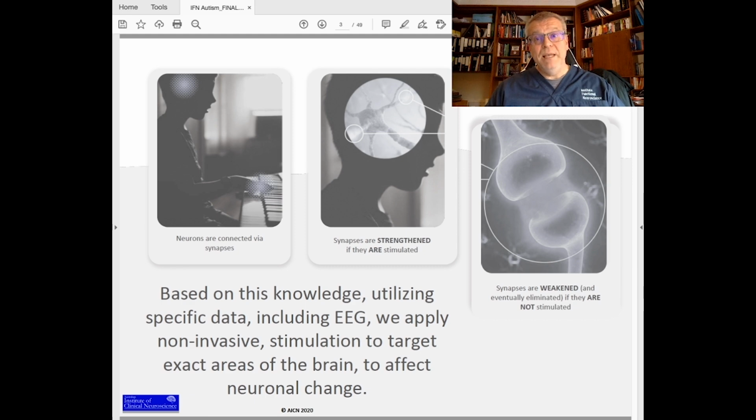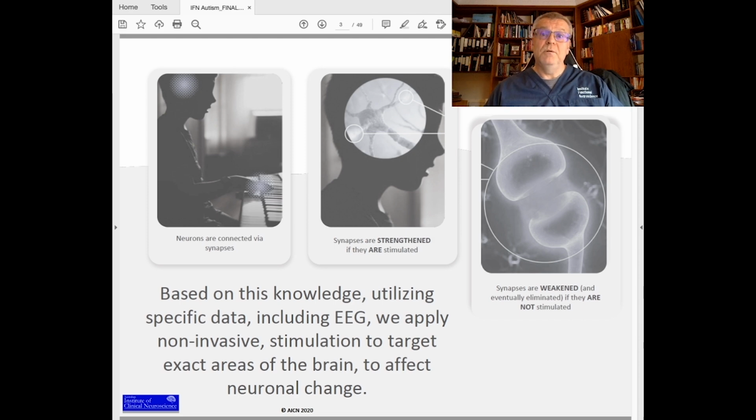And this little space in between allows neurotransmitters to move across and bind to receptors on the other side. So the important thing is that when these synapses become well used, or when they have lots of activity or lots of stimulus, they become stronger or strengthened. They become a more apt pathway for the brain to use.